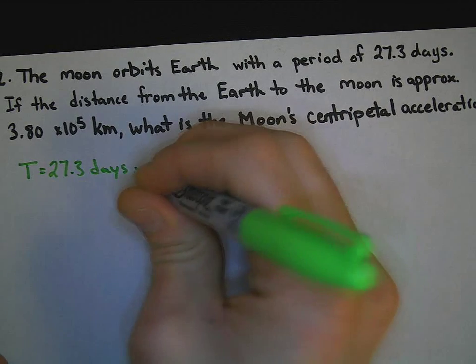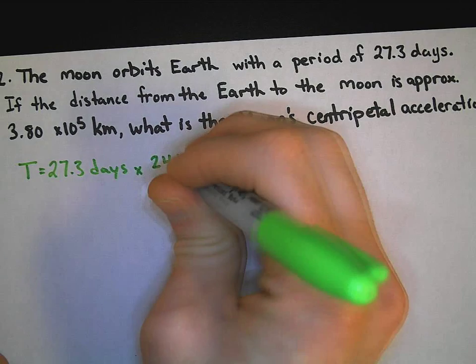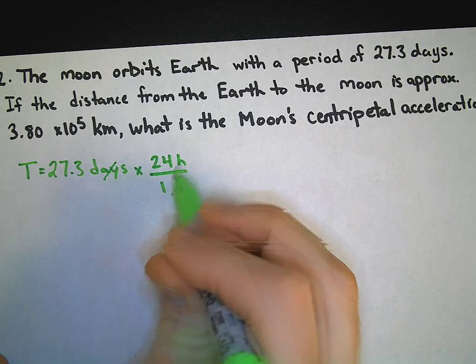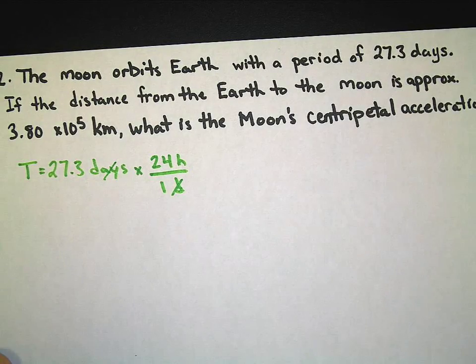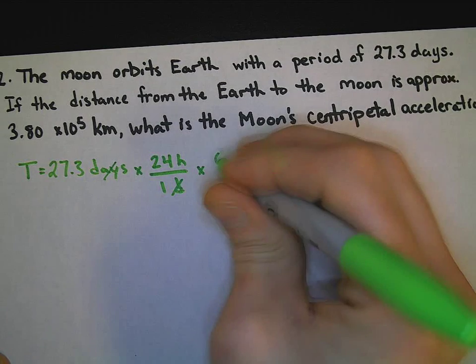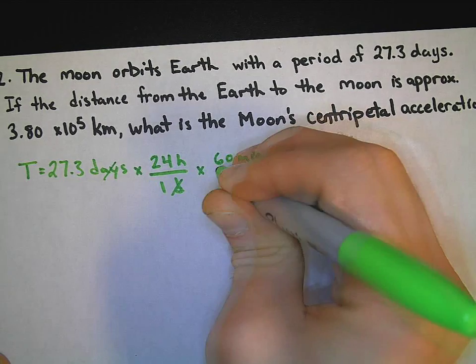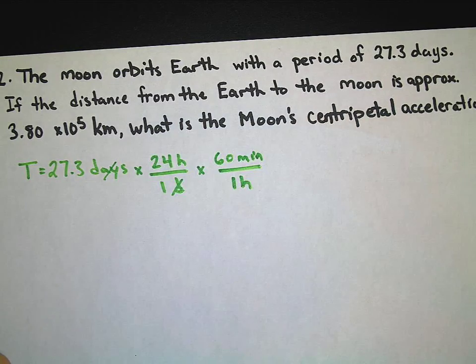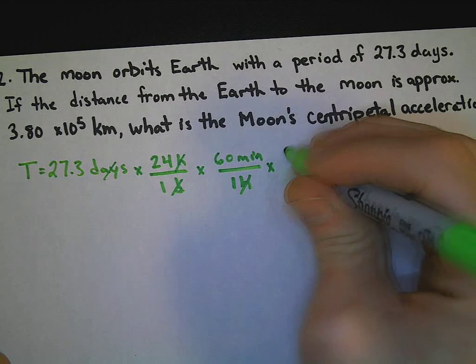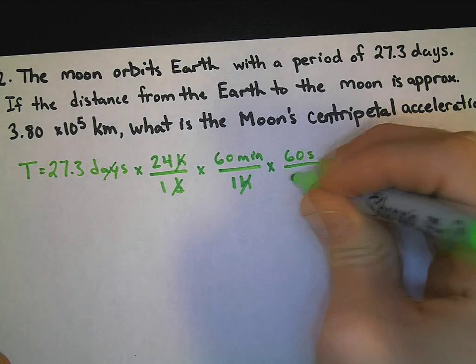So I know that I have 24 hours in one day. That means days cancel out. I'm now in hours. I need to now convert this into minutes. So I know that there's 60 minutes in 1 hour. Hours cancel out because they're on the top and the bottom. My units are now in minutes. Let's convert that into seconds. So that will be 60 seconds for 1 minute.